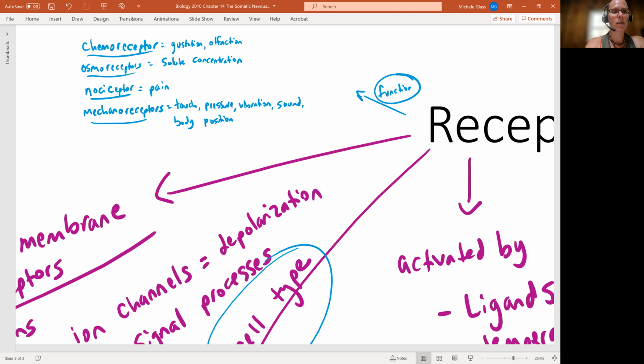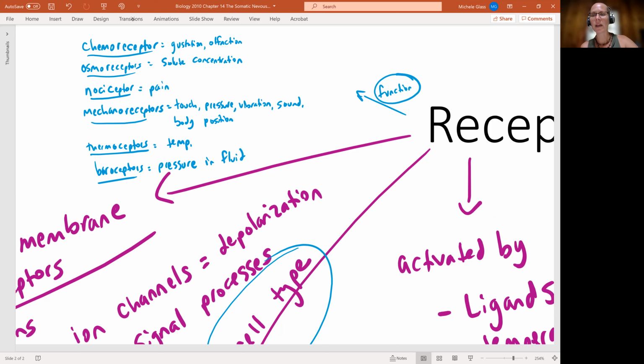We also have thermoceptors. These are detecting differences in temperature. And we also have baroreceptors. These are detecting differences in pressure, maybe let's identify here in fluid. So when we're talking about changes in blood pressure or buildup of pressure inside the urinary bladder, then we might be talking about baroreceptors in that case.